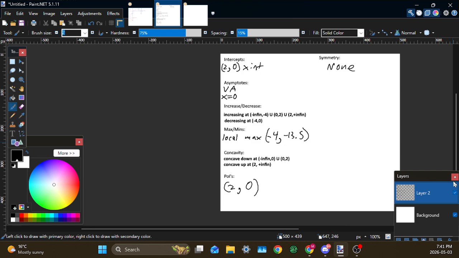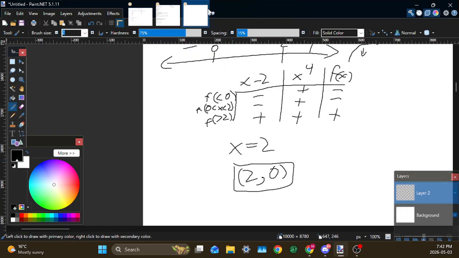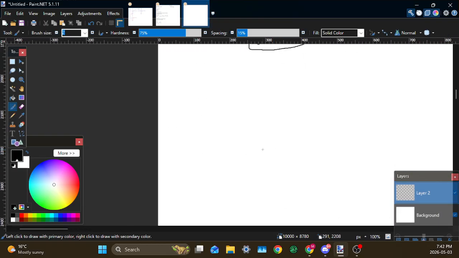So we have gone through intercepts, symmetry, asymptotes. Oh, I forgot the slant asymptote. If we look right here, x minus 2 to the 3 over x squared.